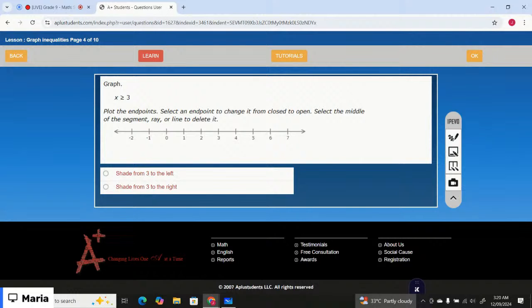The correct option is shade from 3 to the right.